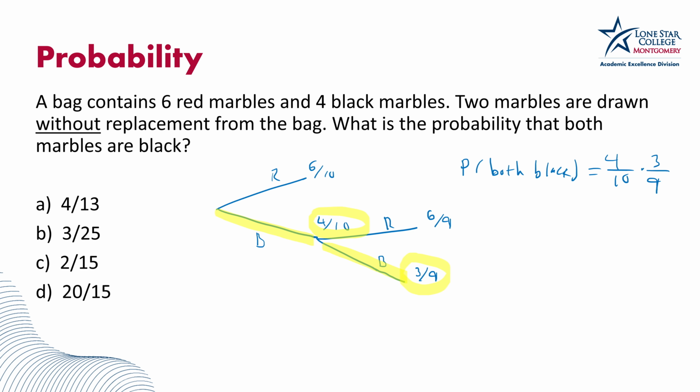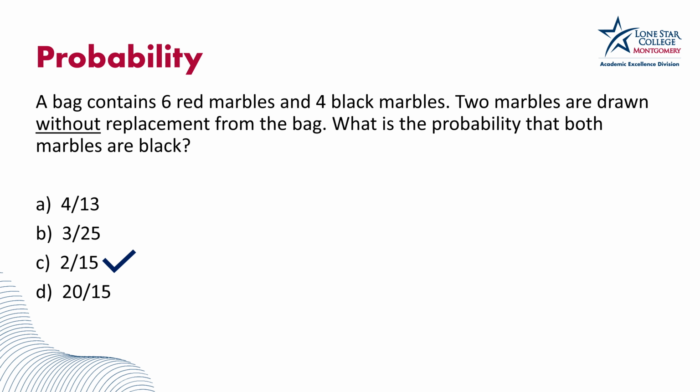That would be 12 over 90, which we can divide by 3, giving us 4 over 30. We can divide by 2 again, so it would be 2 out of 15. This time it's a smaller probability because we didn't replace it. So the probability of both black marbles would be 2 out of 15, which gives us answer choice C.